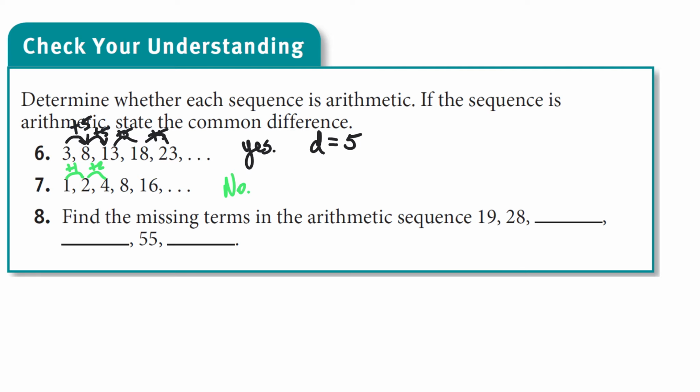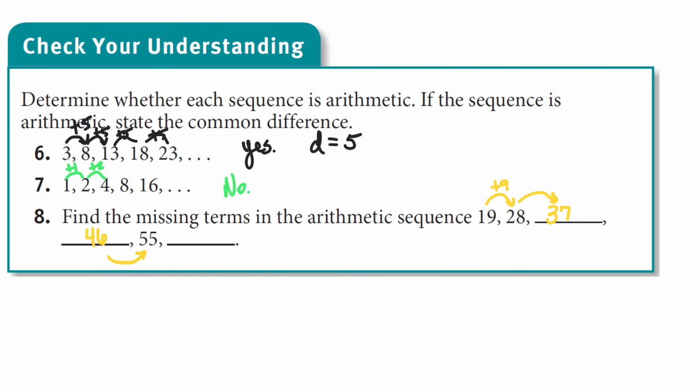And then number 8, what we're going to do is just continue a pattern. If we find the missing terms in the arithmetic sequence, to go from 19 to 28 is an addition of 9. So we would add 9 to get to our next term, which would be 37. We would add 9 to get to our next term, which is 46.